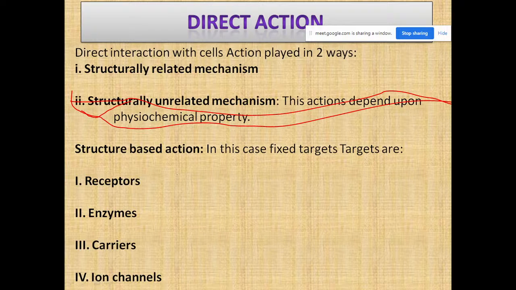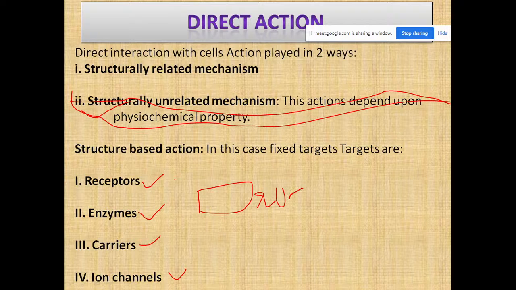Say for example, receptors, then enzymes, then carriers, then ion channels. So what happens there with all these, the drug will bind, and they will initiate what?